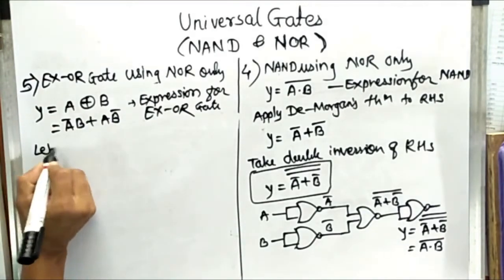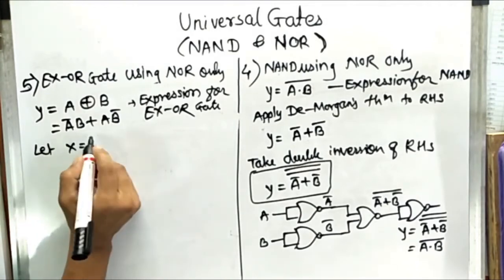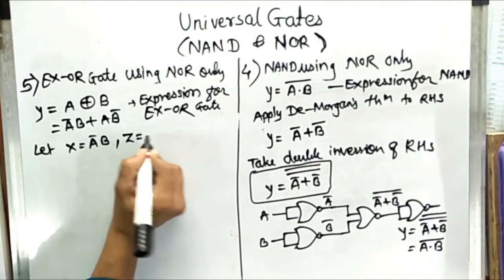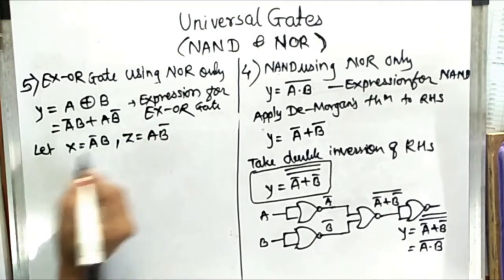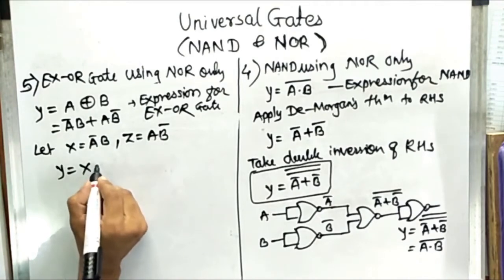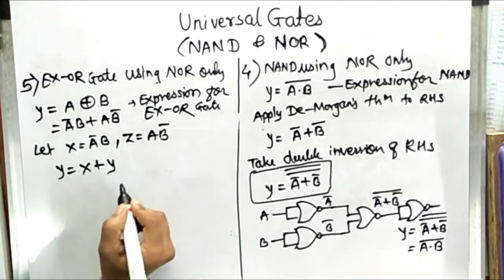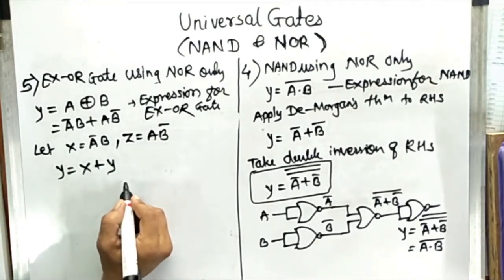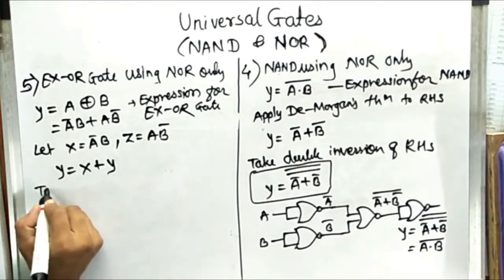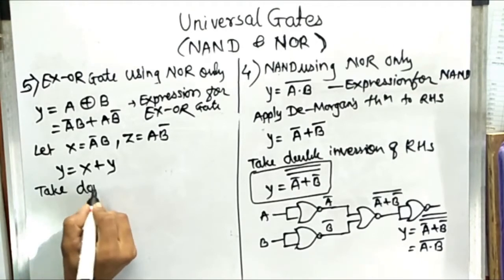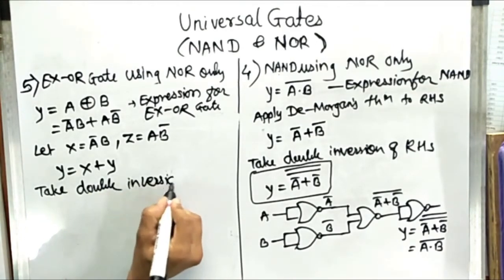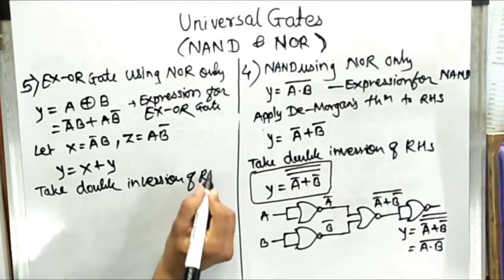So let X be equal to A bar B and Y be equal to A B bar. So we can rewrite this equation as X plus Y. Okay. So take double inversion of RHS.